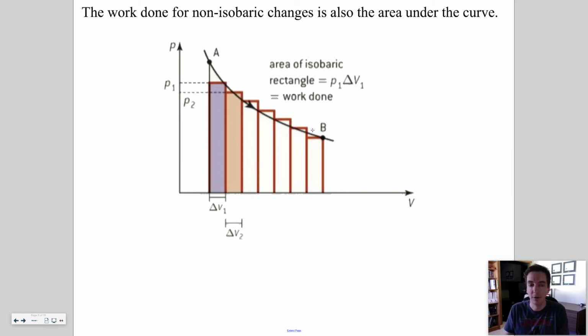If the temperature stays the same, it's called isothermal. But we want to find the area under this curve. If you don't have calculus, you draw a bunch of rectangles, find the area under smaller and smaller rectangles, and you eventually get the area under the curve. You have to do an approximation. So we would normally draw a little triangle to represent this top part, which is an estimation, and then a rectangle on the bottom as well.